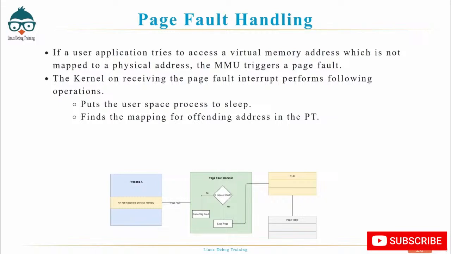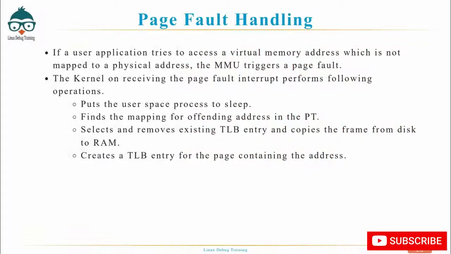It then finds the mapping for the offending address in the page table. If there is space in the TLB, it can add the new mapping. If not, it must remove an existing entry before copying the required page frame. The page frame may be in RAM or may be in disk. After it has created a TLB entry for the page containing the address, it wakes up the Userspace process, which resumes operation.